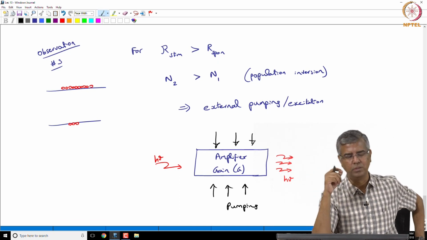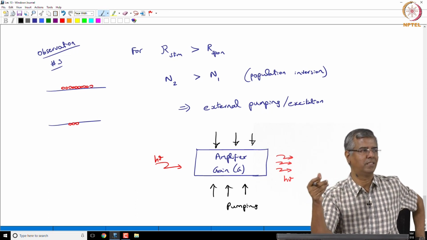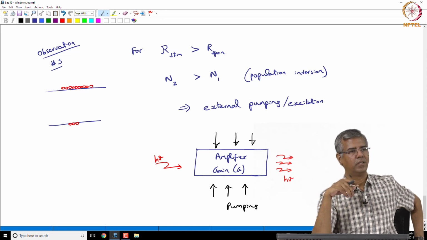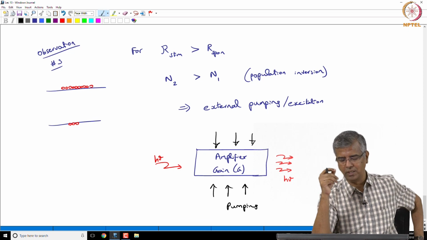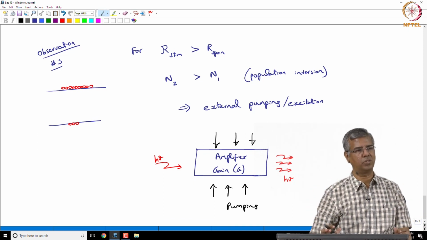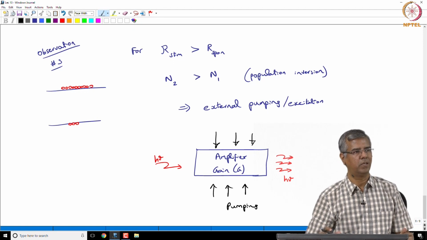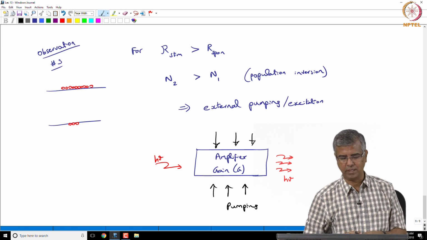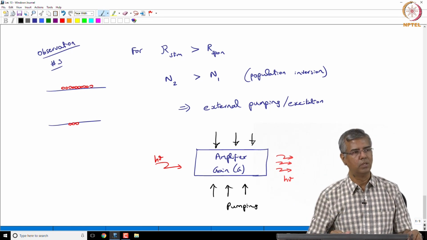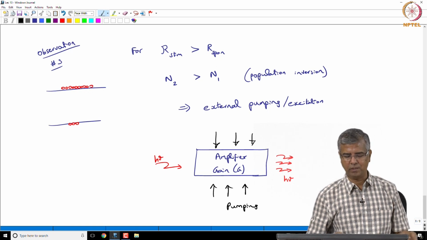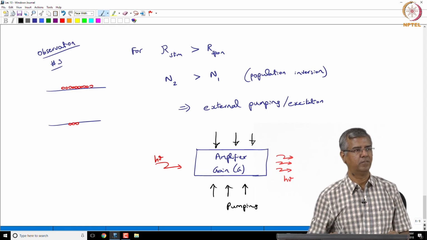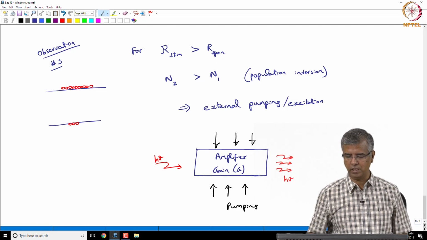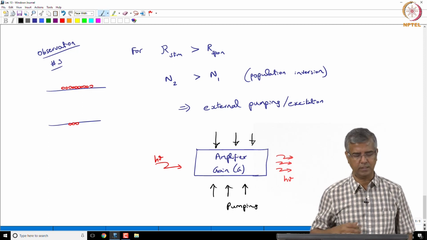In that case it is electrical energy that you are putting in, but in the other case you can think of it as optical energy. So, you need some external energy source to get over this thermal equilibrium condition and make stimulated emission possible. And that takes us into the exciting topic of optical amplification, which we will look into in more detail in the following lectures. Okay. So, let me stop at this point and we will continue next lecture.